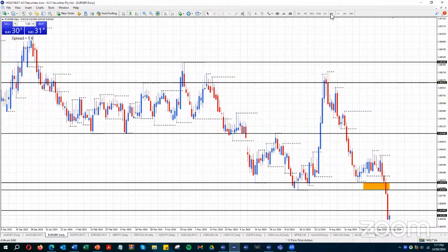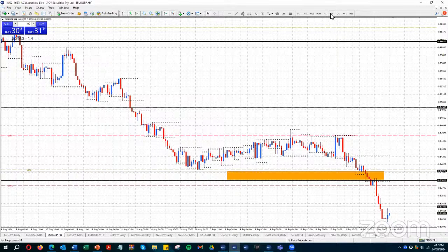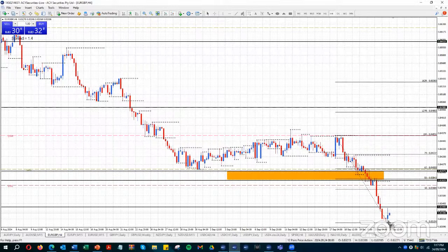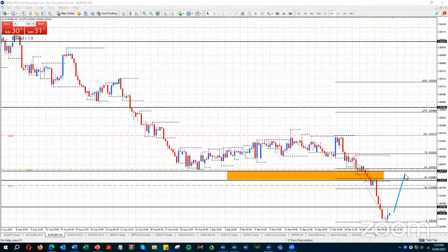Okay, so here's your 4-hour. I'll actually draw a fib from last week's high down. And if we keep dragging the fib down, the 62 level is just a little bit above 83.97. So I think in a perfect world, you want to see price come back up.